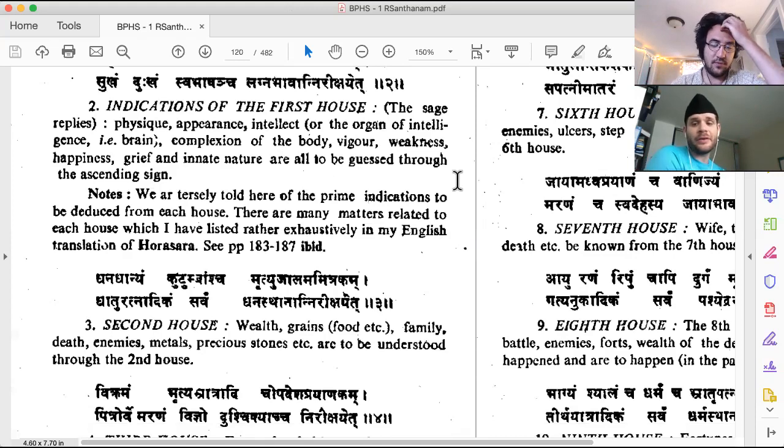Yes, it is. And what is the first house? The first house is the ascendant, the lagna, that first cusp, that point on the eastern horizon that is rising, right? It's coming up, it's ascending. And as it is ascending, the body is also ascending after nine months of gestation.